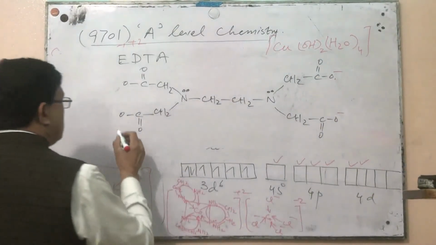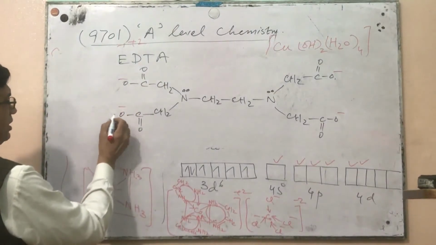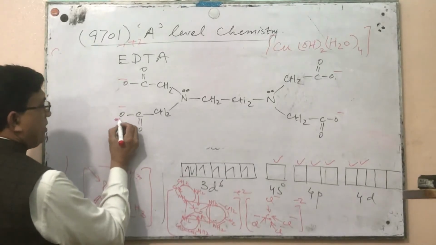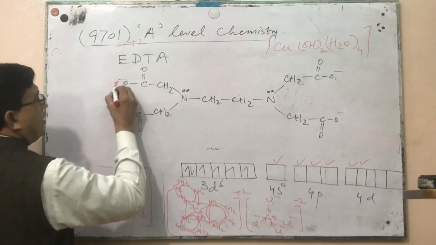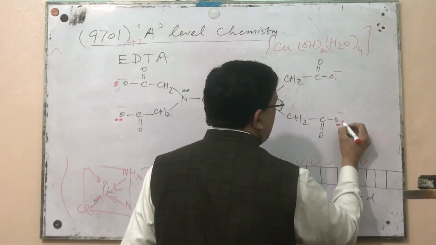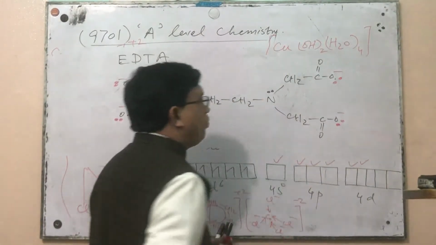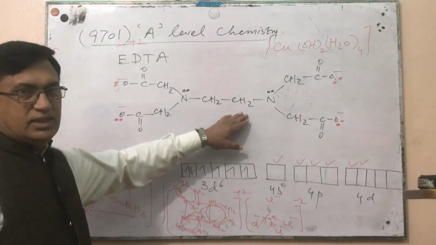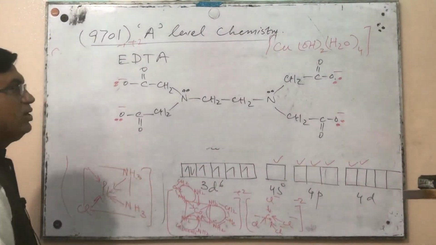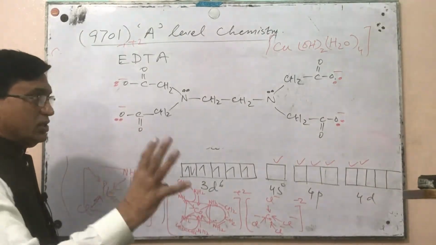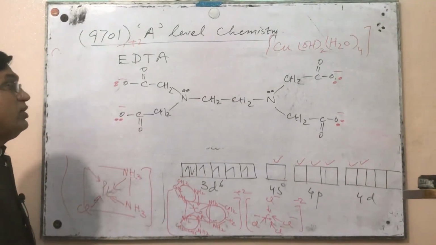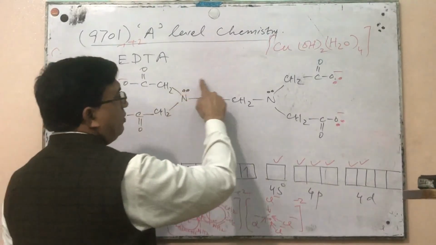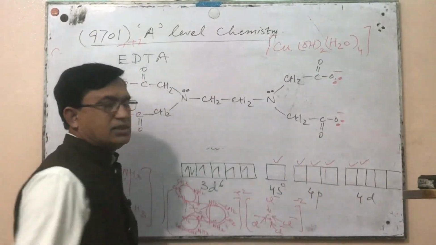It means that each oxygen is able to donate one pair of electrons. It means that if EDTA is utilized, then one EDTA molecule can form 6 coordinate covalent bonds within its own molecule: 1, 2, 3, 4, 5 and 6.